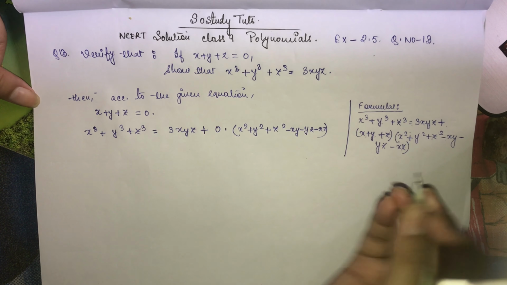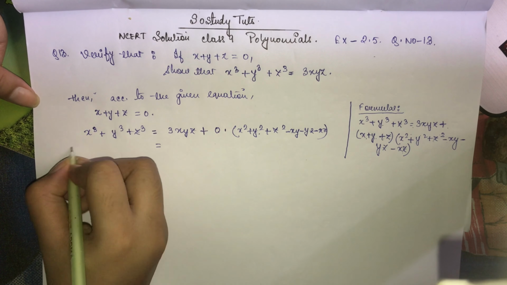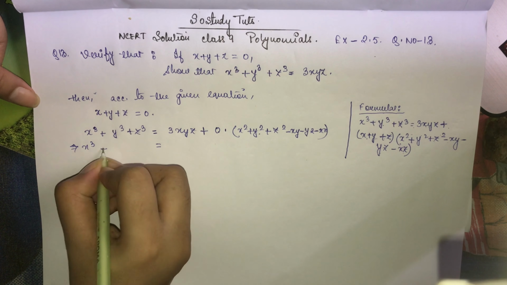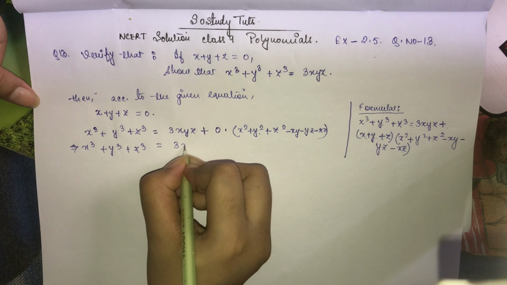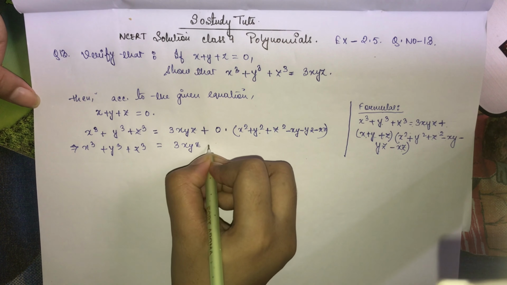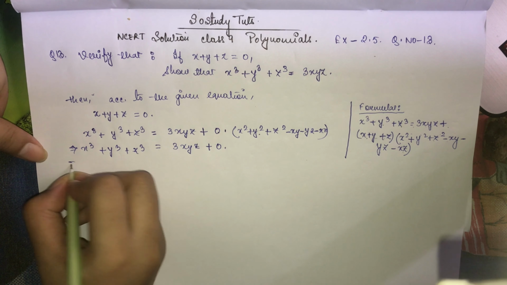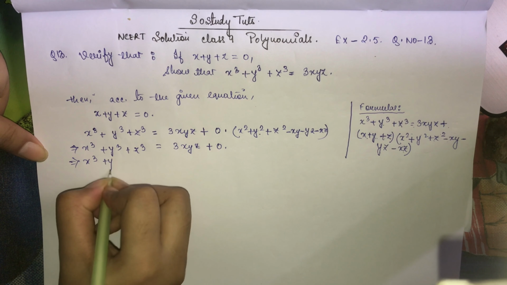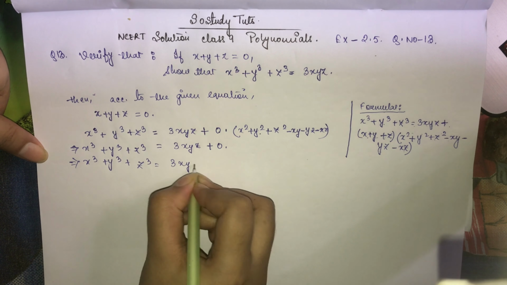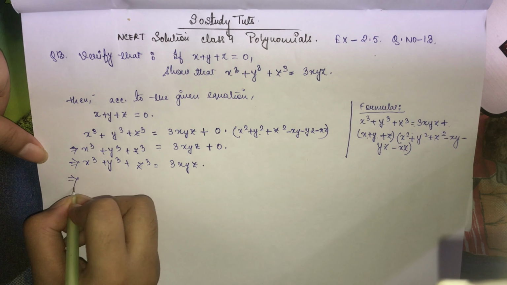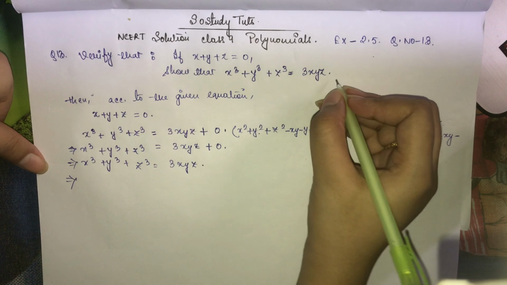Okay, 0 into anything is 0. So now x cube plus y cube plus z cube equals 3xyz plus 0. 0 into anything is 0, plus 0 is that same number only. So x cube plus y cube plus z cube equals 3xyz. I have to prove only this one.